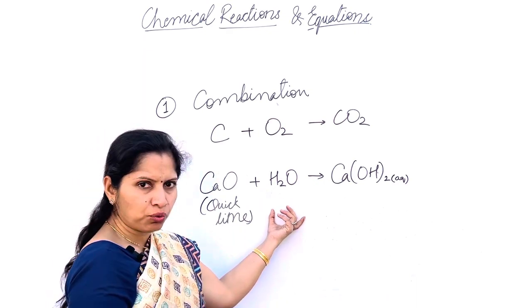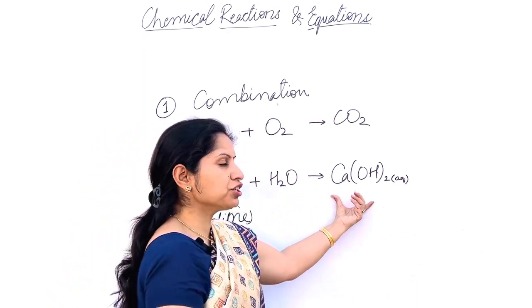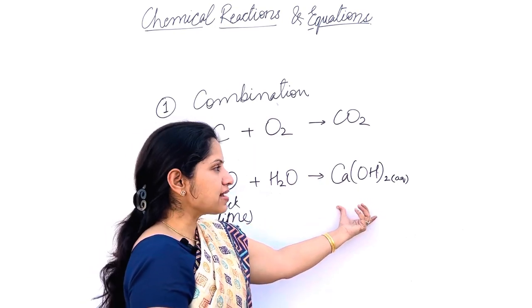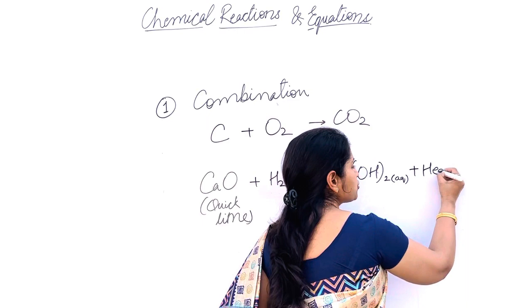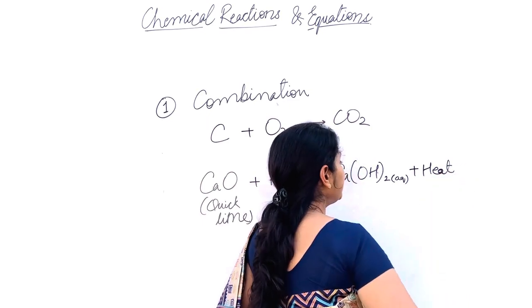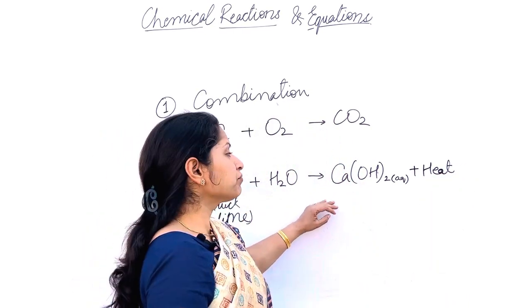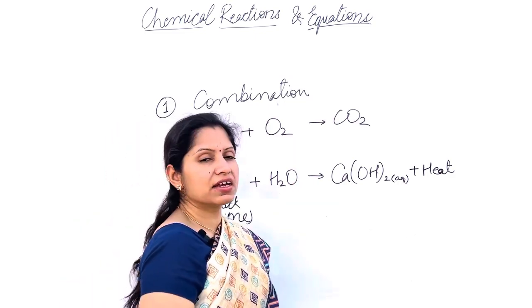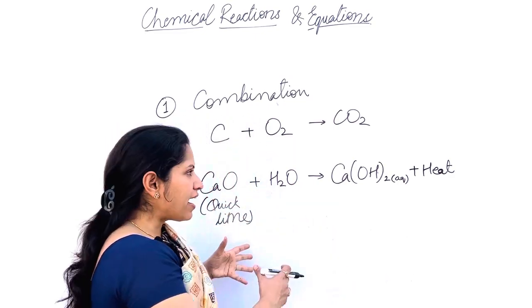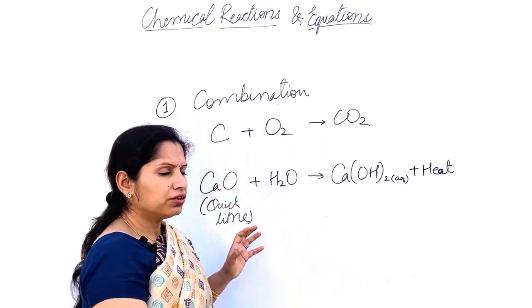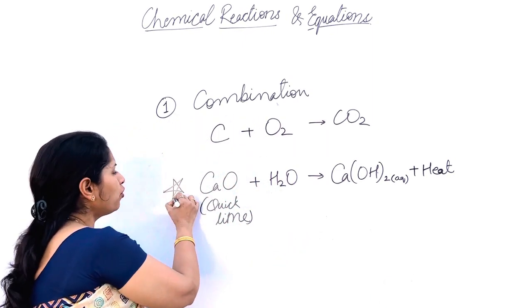When we dissolve it in water, then we get calcium hydroxide, that is aqueous, that is dissolved in water. And apart from that, heat is also released in this reaction. And this calcium hydroxide is also known as slaked lime. Okay, so this reaction is very important for your exams.